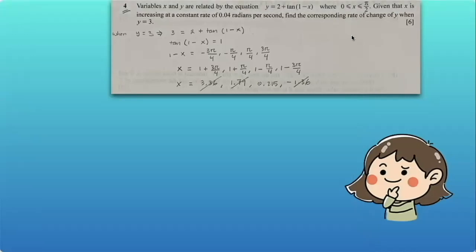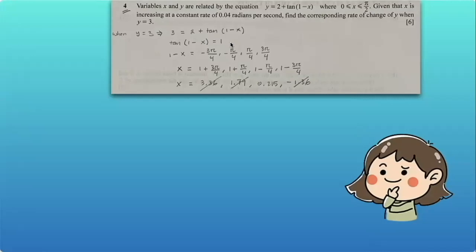Given that x is increasing at a constant rate of 0.04 radians per second, find the corresponding rate of change of y when y is equal to 3. So we're given y equal to 3, but we don't know x. Therefore, we need to find x first.